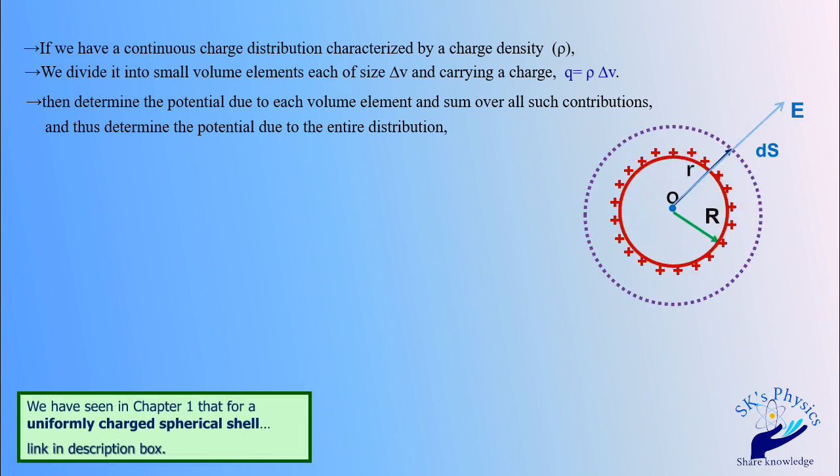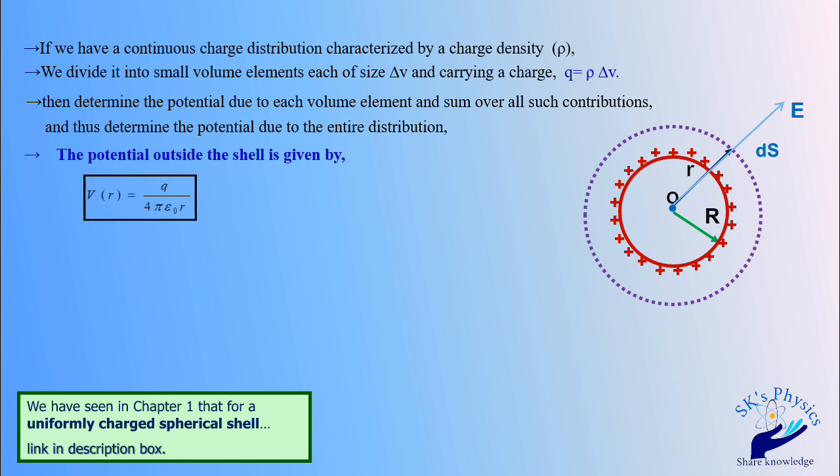Something to recall from chapter number 1. The potential outside the shell is given by V is equal to Q upon 4 pi epsilon 0 small r, where r is greater than or equal to capital R. Capital R is the radius of the shell.